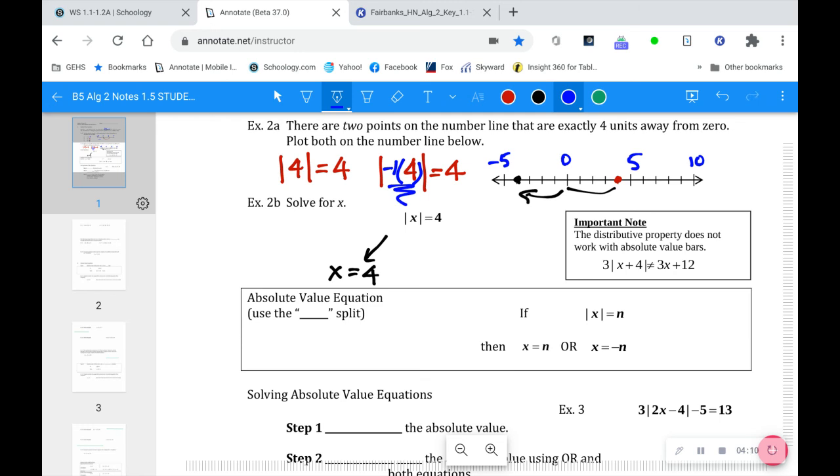So let me show you how that would work. You come over here and you make an exact copy of what you had before. And you multiply this by -1. Now, what that ends up giving here is -1x equals 4, and if you divide by -1 on both sides, you'll get your other answer.